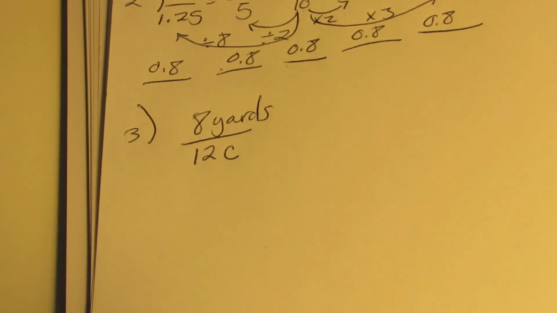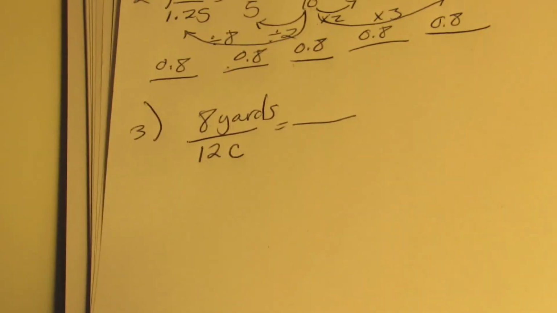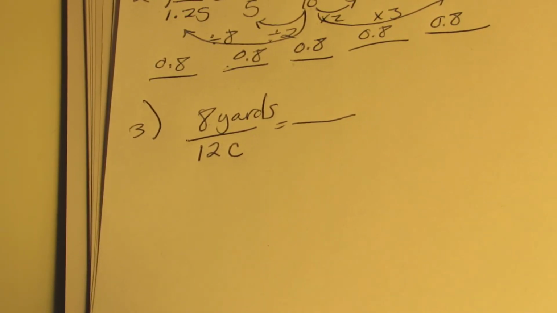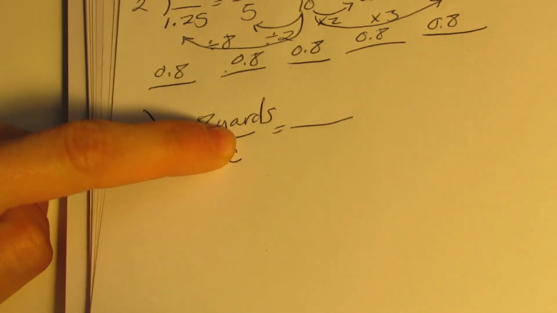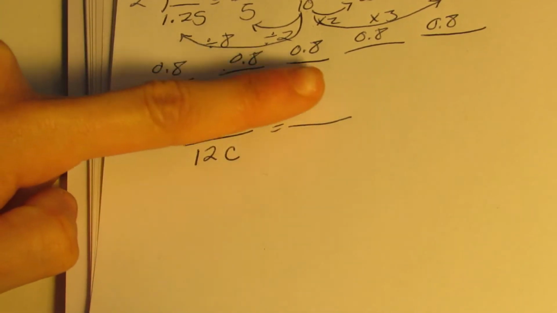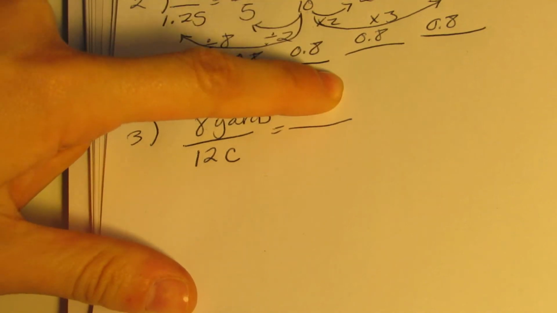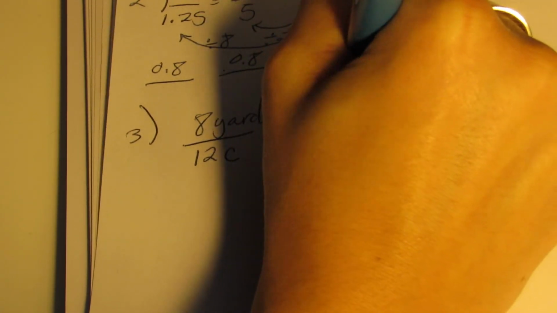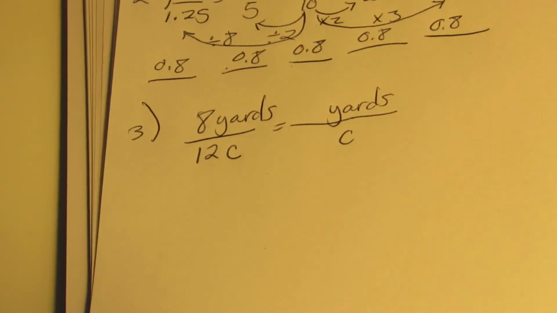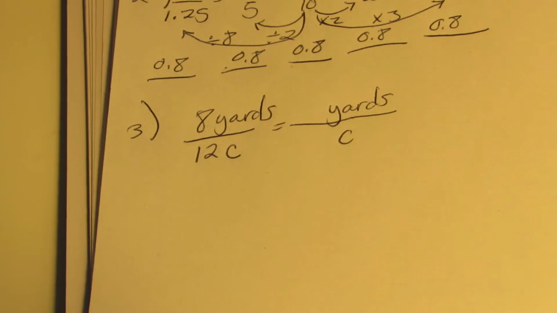It asks me how much material will she need for 15 costumes. So if I know that my ratio is yards per costumes, my ratio that I'm looking up must also be yards per costumes. Alright? Again, the question says how much material.